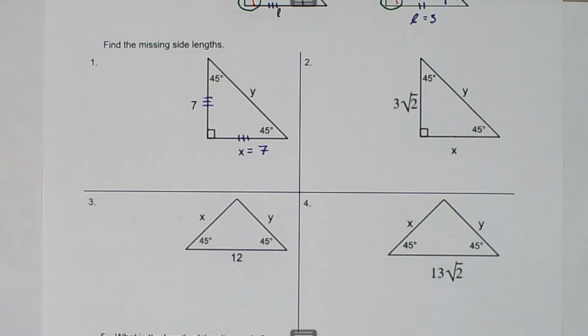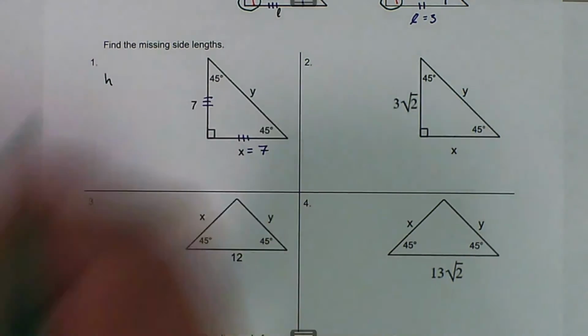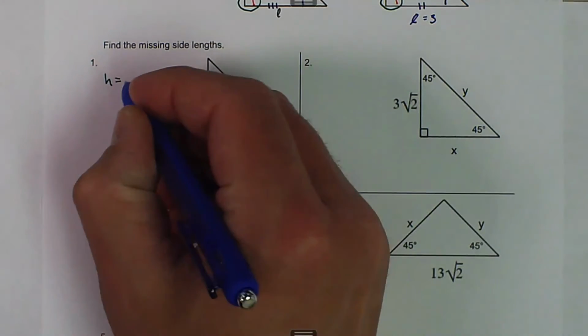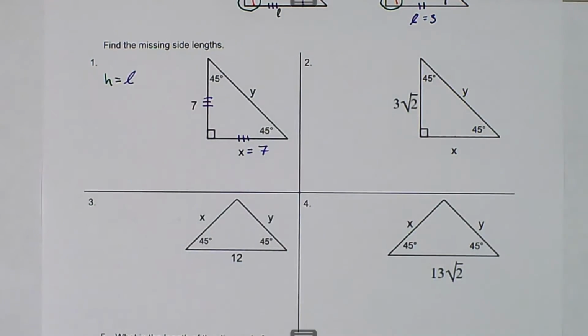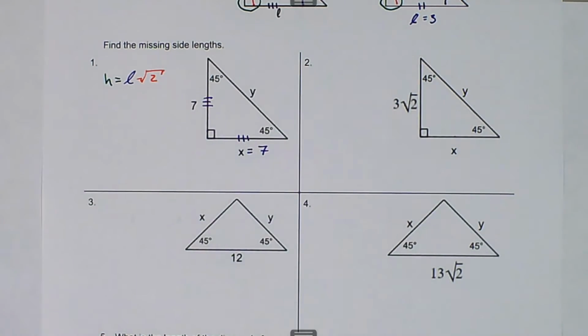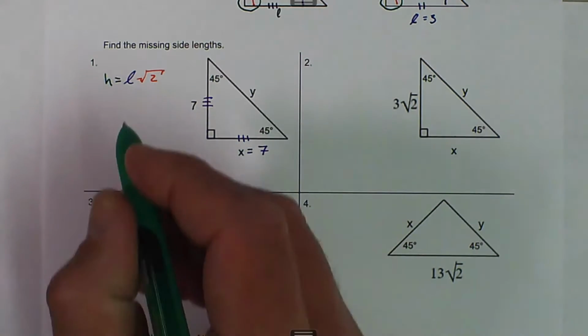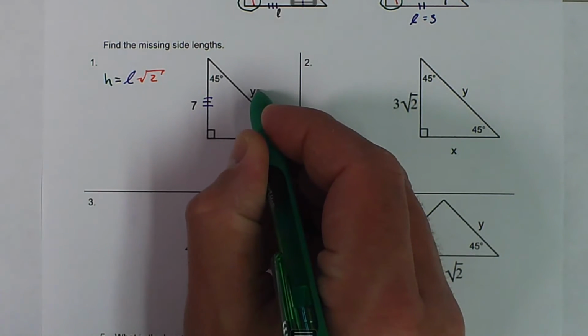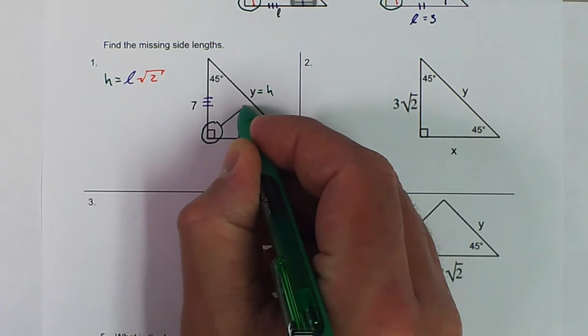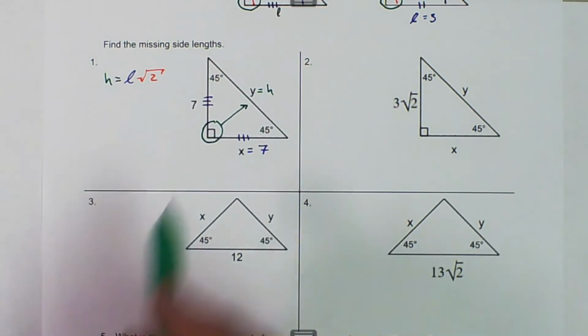Now, the equation that we have for a 45, 45, 90 triangle is h is equal to L times the square root of 2. Now, our legs, they're both 7, and our hypotenuse is our y value, because right there is our 90-degree angle. So substitute in our values.